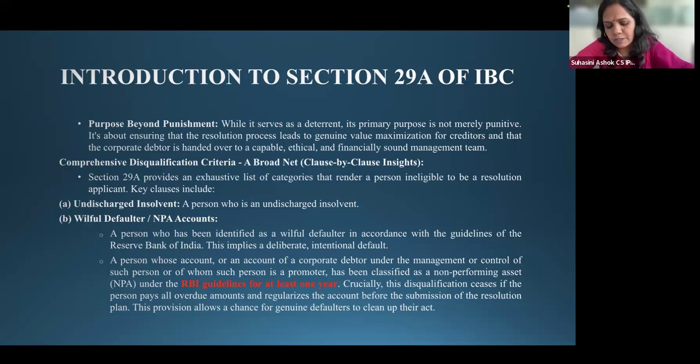If there are more expressions of interest and the parties are big, and there are some apprehensions that there could be related parties, at that time the RP or liquidator can take help from market players.